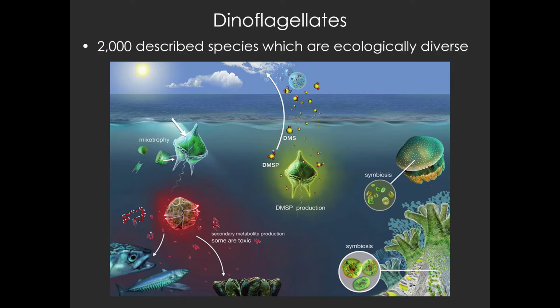Some of them are involved in cloud formation because they produce DMSP, which is converted to DMS and is involved in cloud formation. And they're also really important for coral reefs. They actually live inside of coral reefs and provide a very important symbiotic relationship there. In addition to the coral reefs, there are also symbiotic dinoflagellates in different species of jellyfish. So all over the map in terms of where they are and what they do.